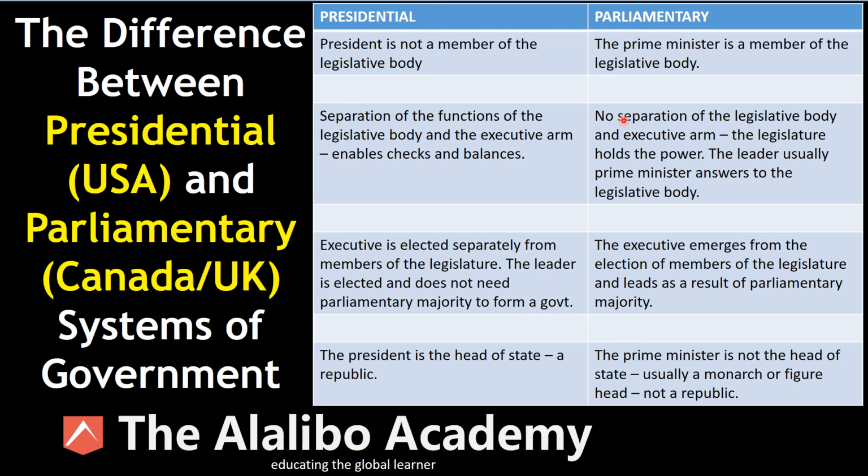And there's no separation of the legislative body and the executive arm in the other. The legislature holds the power. The leader, usually the prime minister, answers to the legislative body. And finally, and most importantly, I should say, the president is not a member of the legislative body. The prime minister is a member of the legislative body. So here we are, the differences between the two critical systems of governance that we have today.